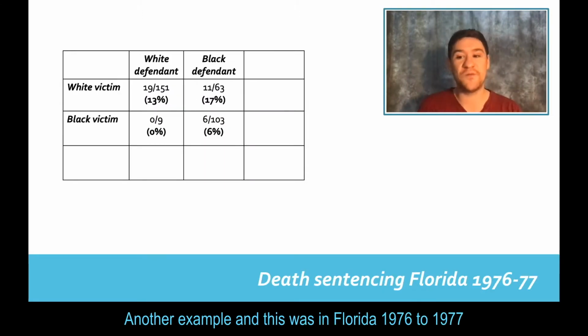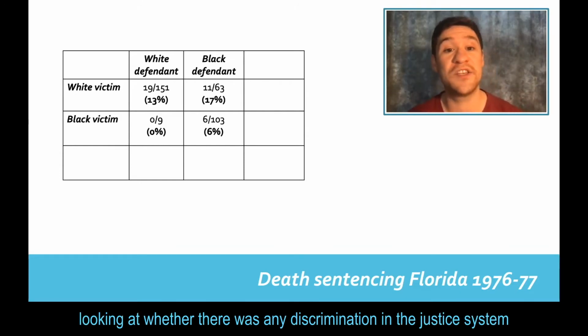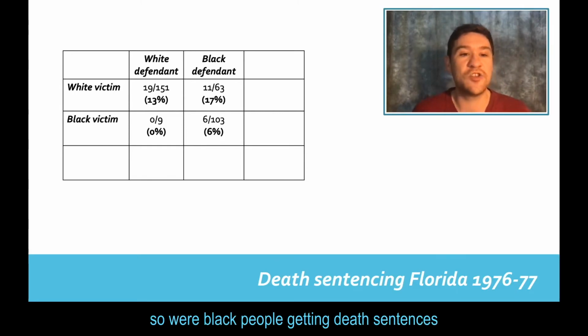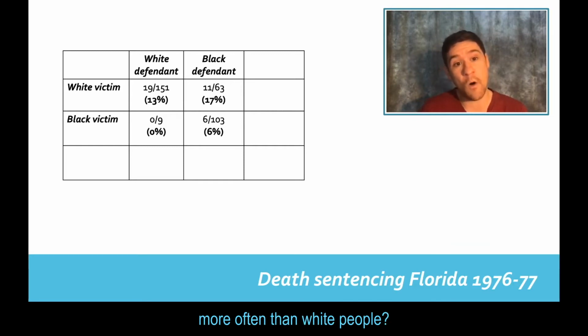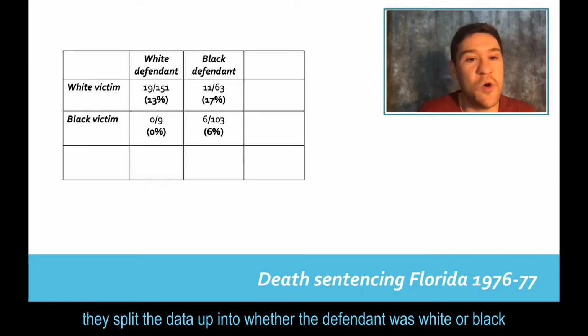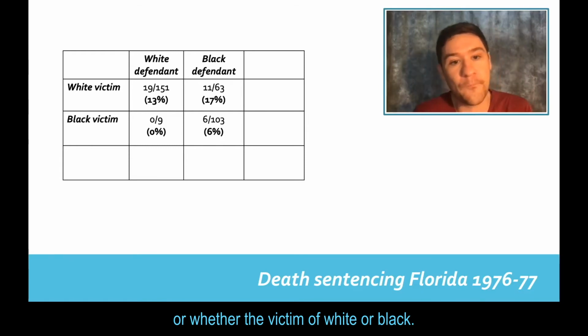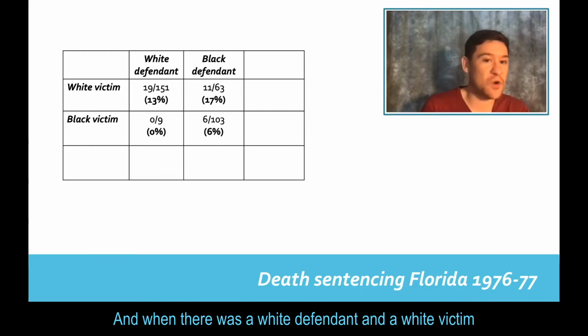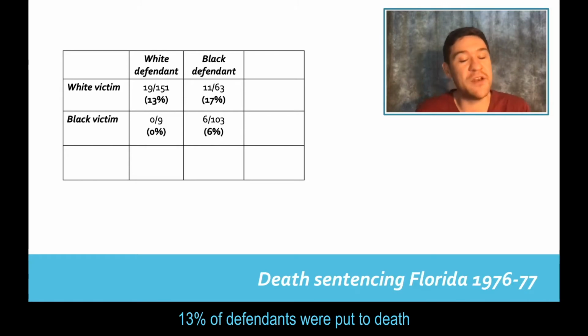Another example, in Florida in 1976 to 1977, looked at whether there was any discrimination in the justice system on a racial basis. Were black people getting death sentences more often than white people? They split the data up into whether the defendant was white or black and whether the victim was white or black. When there was a white defendant and a white victim, 13% of defendants were put to death.